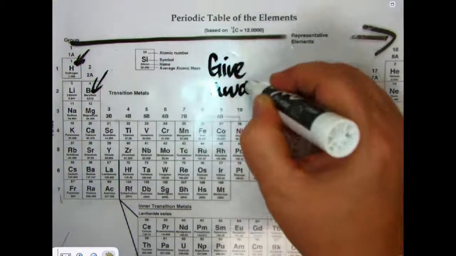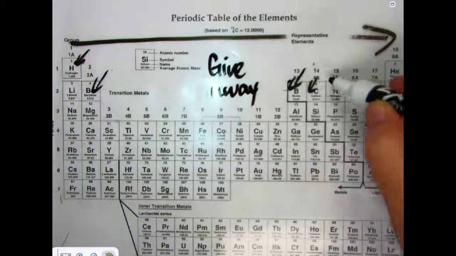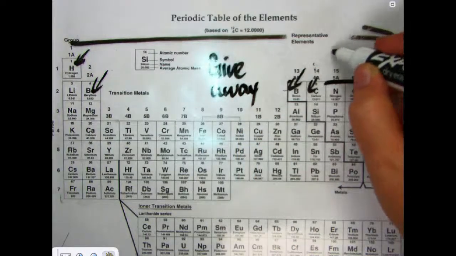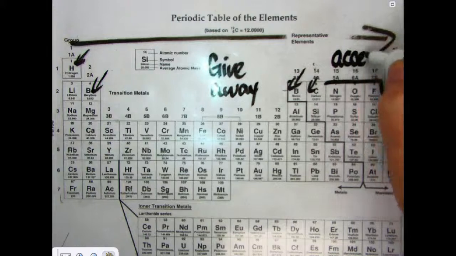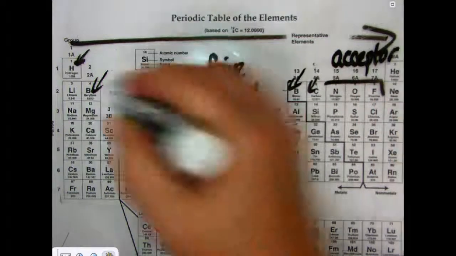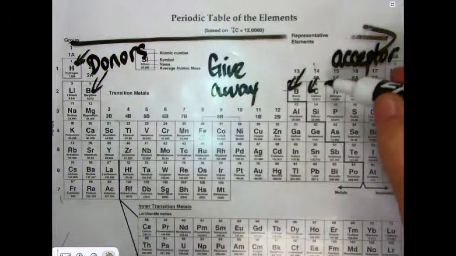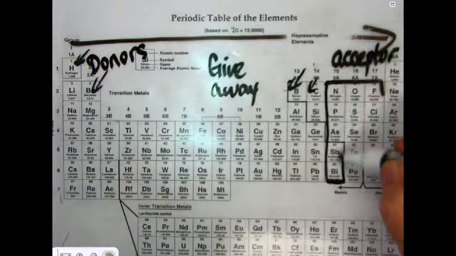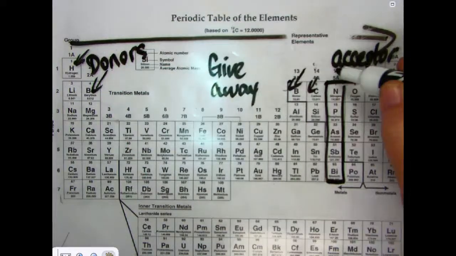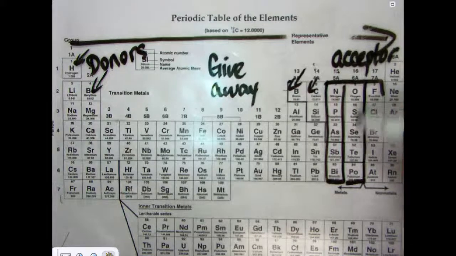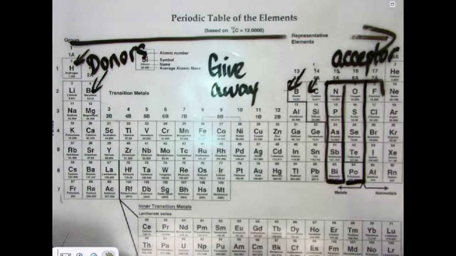So those guys would be an electron donor. And then these guys here would be an electron acceptor. Okay? So these guys are acceptors, and these guys are donors. And don't forget, the whole column has 5 electrons in its outer shell. The whole column has 6 electrons in its outer shell.